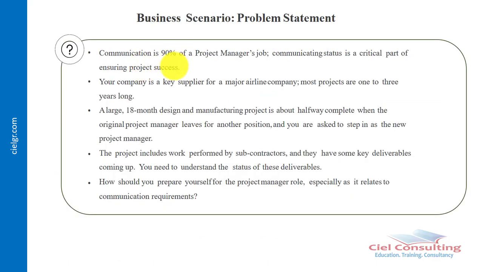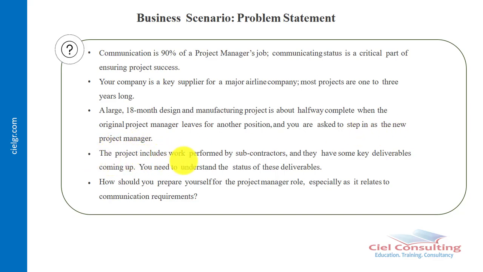So let's take a look at this business scenario and you tell me what you make out of it. Communication is 90% of a project manager's job. Communicating status is a critical part of ensuring project success. Your company is a key supplier for a major airline company. Most projects are 1 to 3 years long. A large 18-month design and manufacturing project is about halfway complete when the original project manager leaves for another position and you're asked to step in as the new project manager.